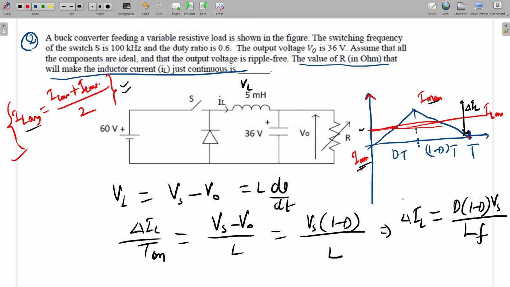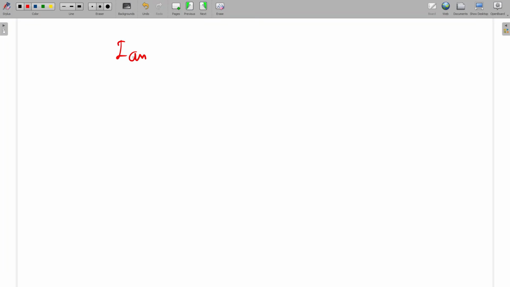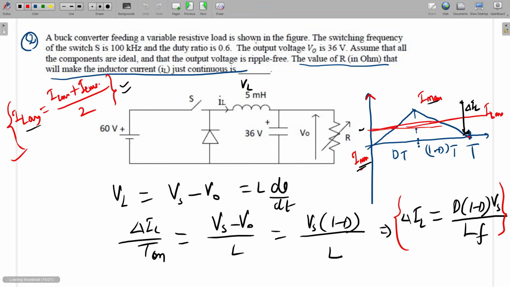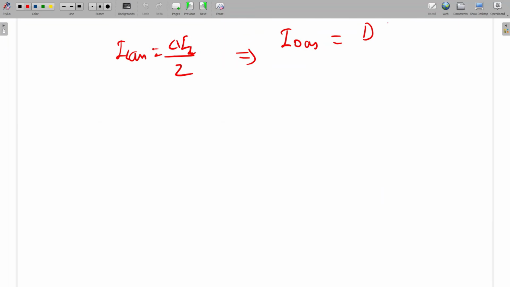This derivation is clear to all? I think it has already been repeated many times. So what will be the boundary condition? IL average should be equal to delta IL by 2. So we can write I naught average equal to delta IL by 2, which is D into 1 minus D Vs divided by 2LF.